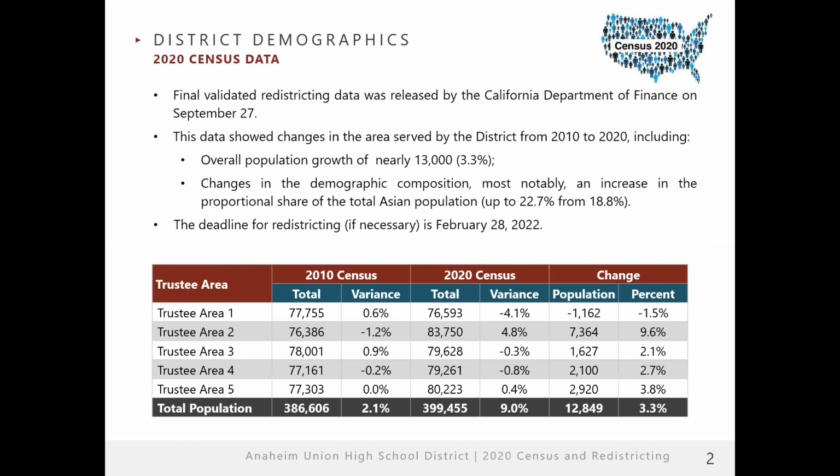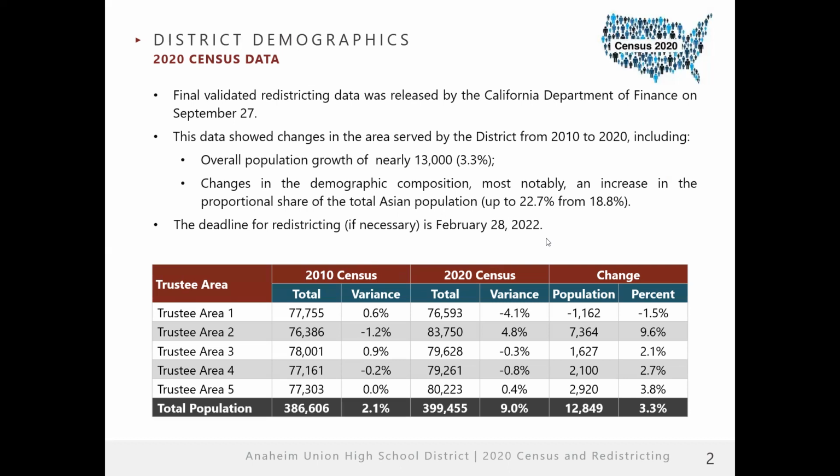Some key highlights from that is the fact that the district grew by about 3.3% in terms of total population. Additionally, what it showed is that the proportionate share of the Asian population increased as well. We've included a table here that compares by each one of the trustee areas, the 2010 census to the 2020 census.